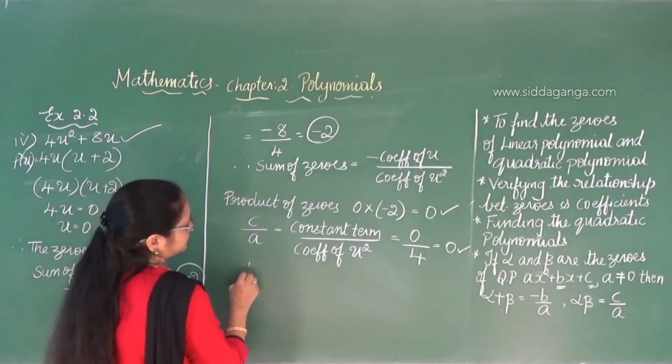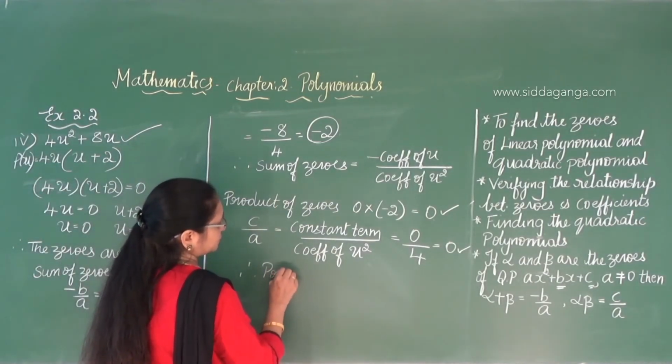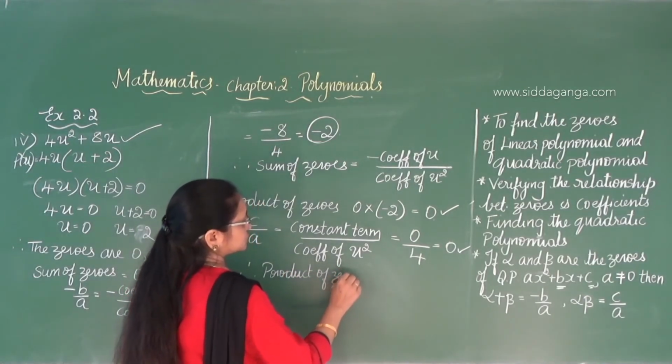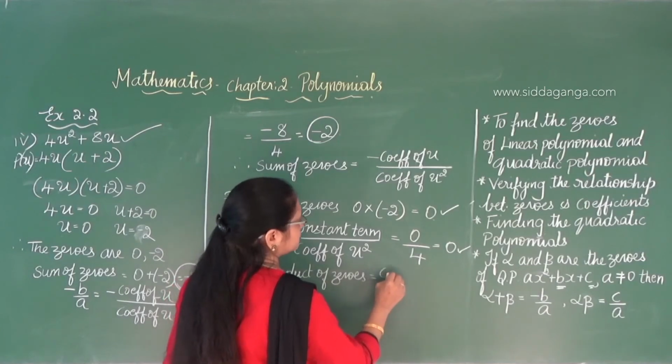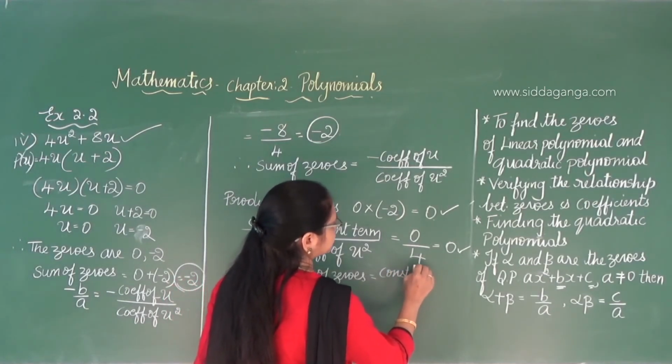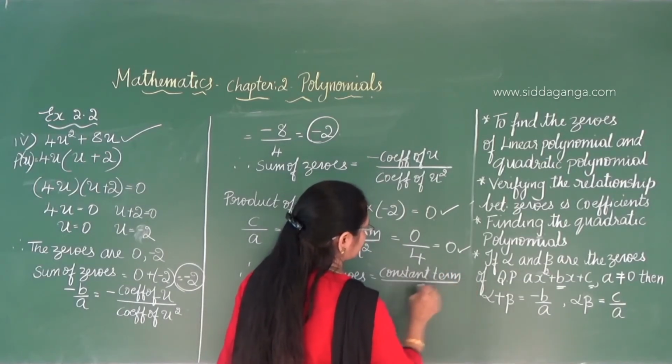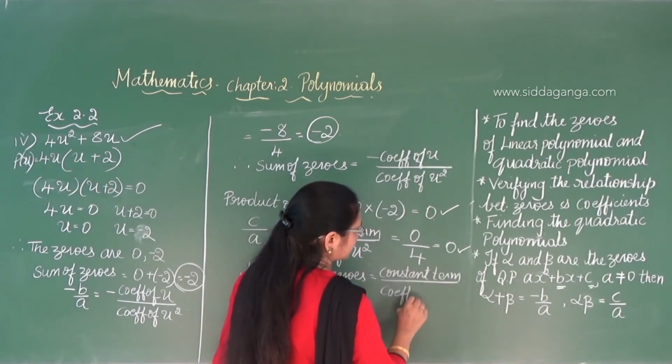Therefore, product of zeros is equal to constant term divided by coefficient of u square.